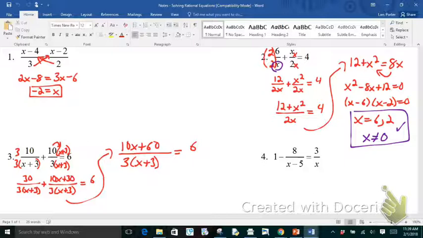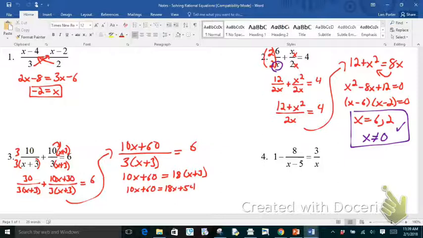When we multiply by this denominator, or we think about it as cross multiplication, we're going to end up with 10x plus 60 is equal to 3 times 6 would be 18 times x plus 3, and we get 10x plus 60 is equal to 18x plus 54.